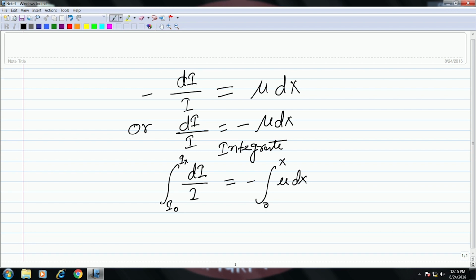From this, on the left hand side you get ln I x by I naught, and if you integrate the right hand side you get minus mu x.